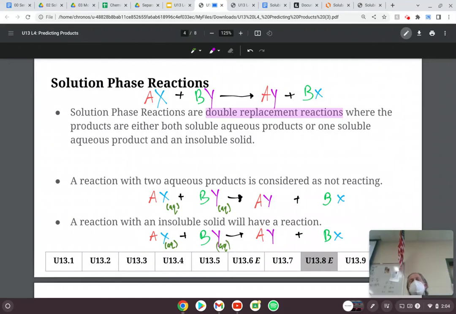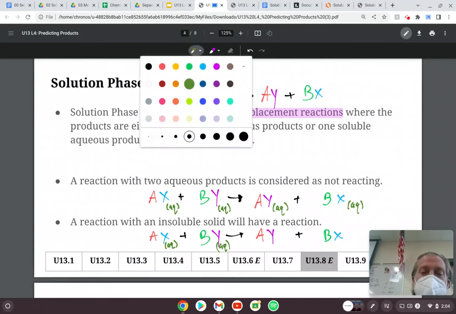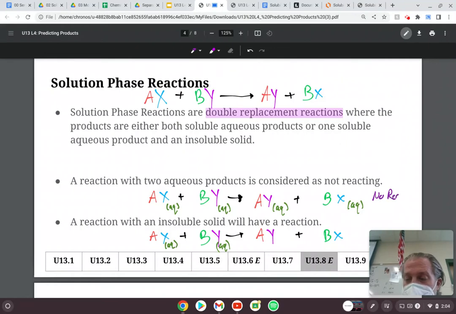It's what happens on the product side that determines whether or not a reaction will occur. So a reaction with two reactants and two aqueous products is considered as not reacting, or more specifically, we would say no reaction occurs. You could also just write no RXN because that's shorthand for reaction.